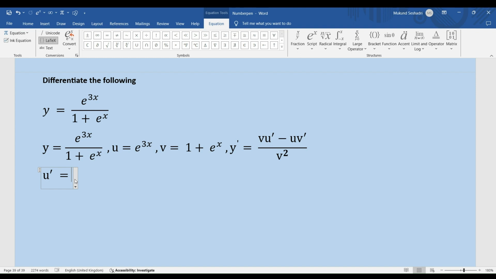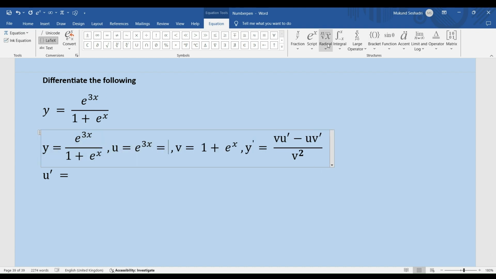So again, the way to identify this is we have two functions. One is a cube function, because my u is nothing but e to the power 3x, it also means it is e to the power x the whole cube, right? So I can also write it like this.